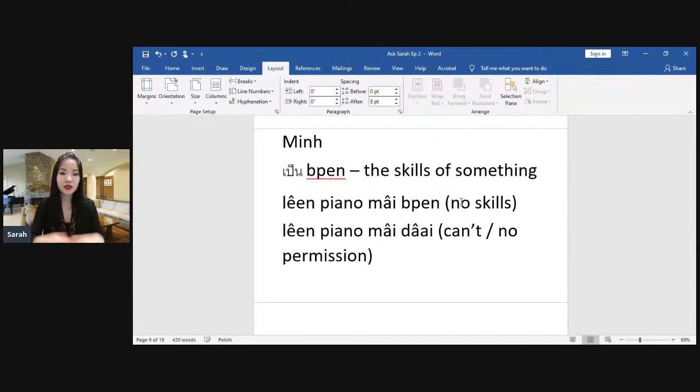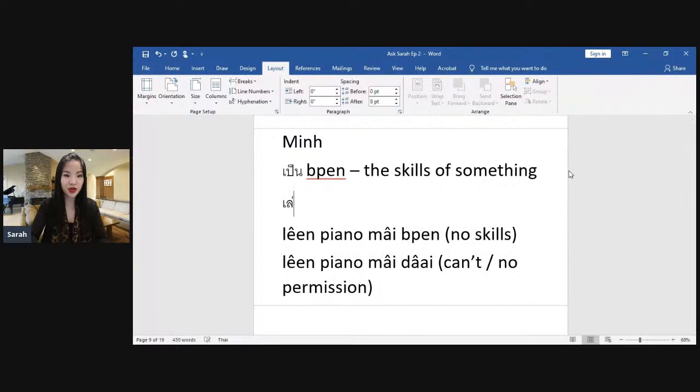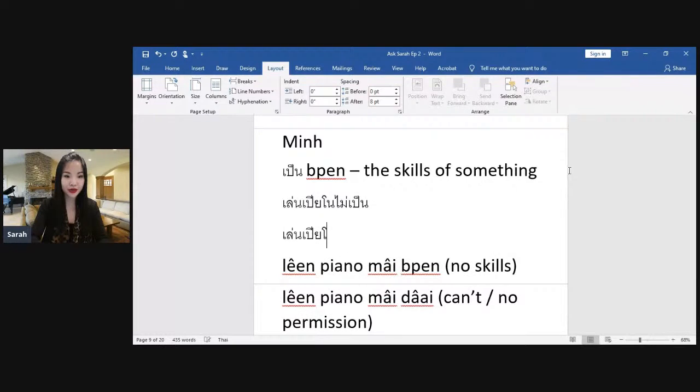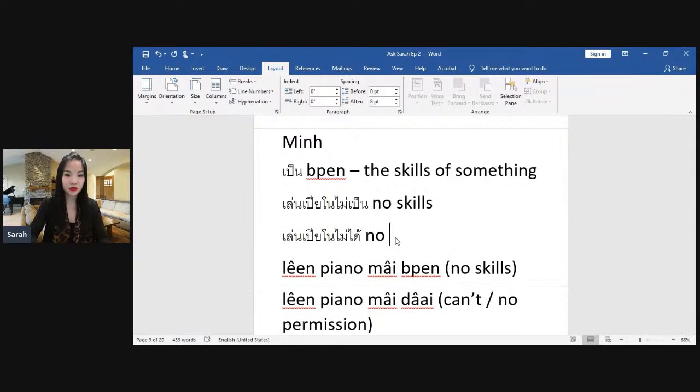So technically, when you use เป็น and ได้ in affirmative sentences, they pretty much mean the same. You can use them interchangeably. But when you negate the sentence, when you add the word ไม่, like เล่นเปียโนไม่เป็น, this one is no skills. เล่นเปียโนไม่ได้, this one is no permission.